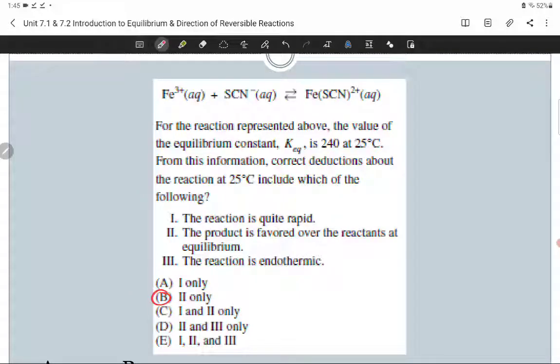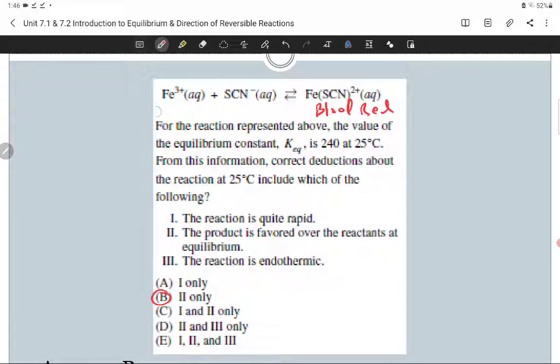By the way, this is a really interesting reaction, and the reason it's really interesting is this material here has a very distinctive blood red color. This has a very, very faint yellow. Depending on its concentration, you may not even be able to see that it's yellow. All this might look clear to you.